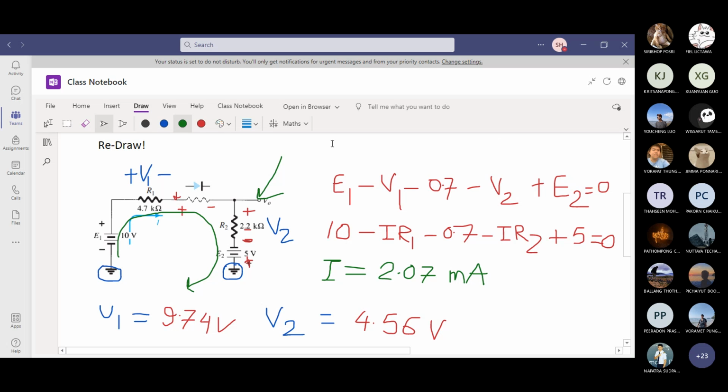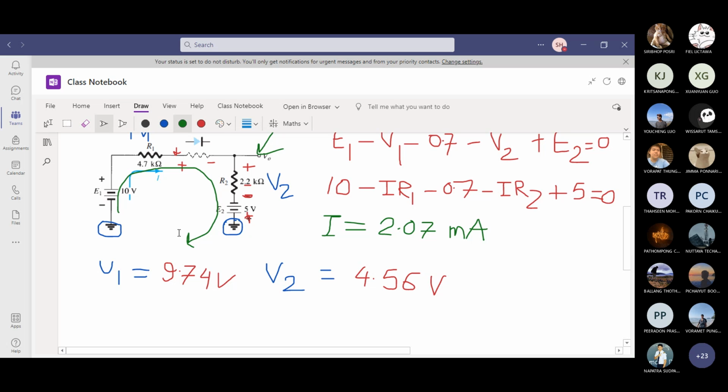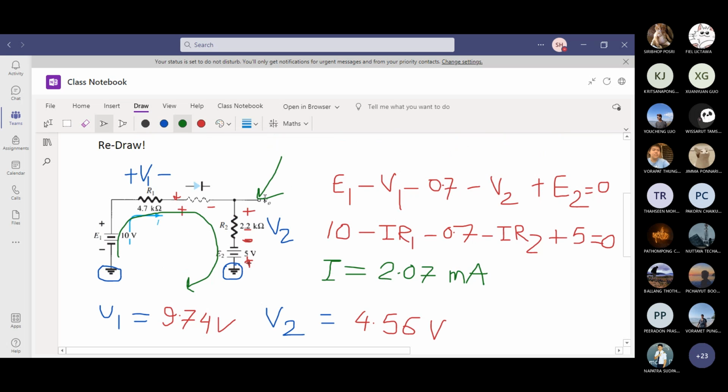V out you can take by two ways, because here is the ground, here is the ground. If you put an output voltage probe here, the plus probe will go to this point, the minus probe will go to the ground, which means V out is measured for the whole node, the last branch. It is V2 plus E2, which means this voltage plus this voltage. V2 you have a positive sign, E2 is a negative sign.